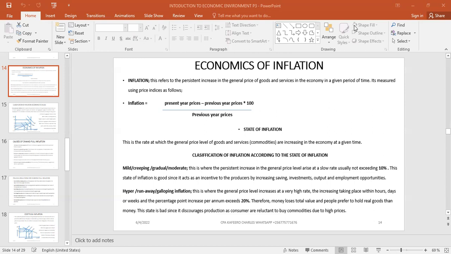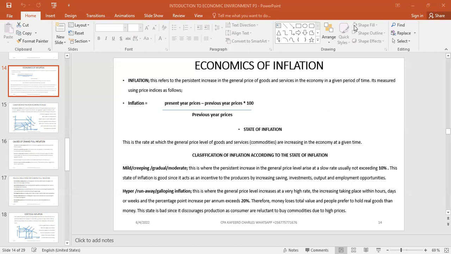That difference between 1 million and the current 1.2, that difference of 200, is what we call the increase in the price as a result of inflation.